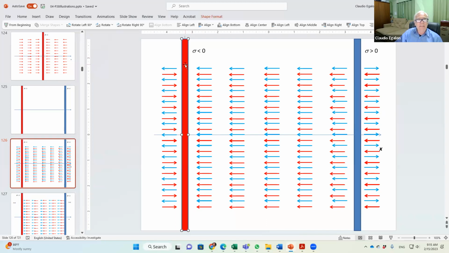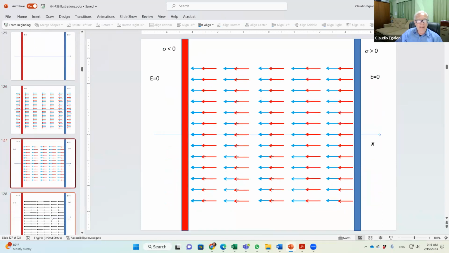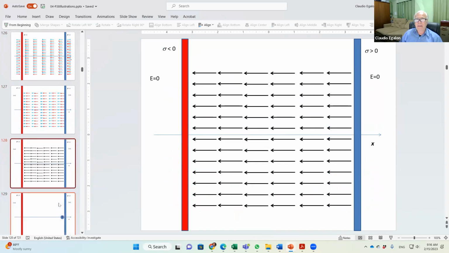The field of the negative plate points contrary to the field of the positive plate. And then we get something like that: no field outside the plates and a uniform field inside the plates. We are going to verify that with this experiment of the electric field, and I'm going to walk you through how to do that.